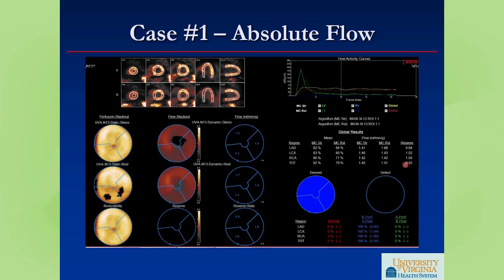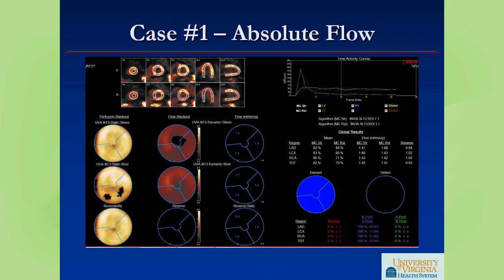And so our myocardial flow reserve, which is the augmentation from rest to stress, and an important marker of either epicardial disease or microvascular function, appears to be 1. There's no increase from rest to stress.